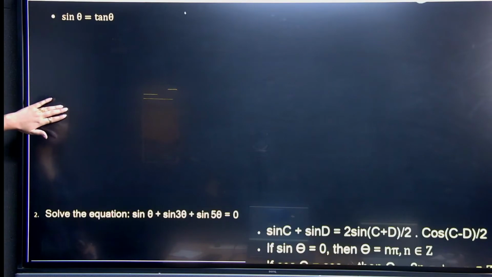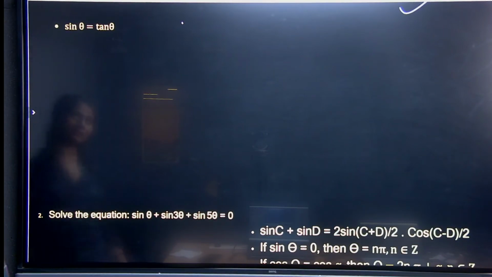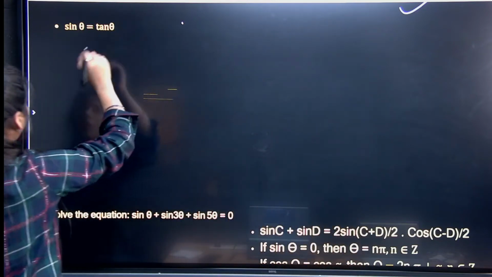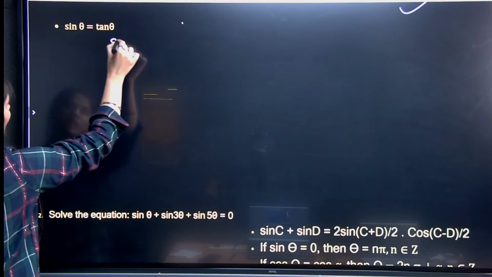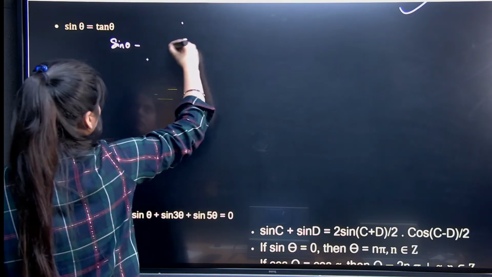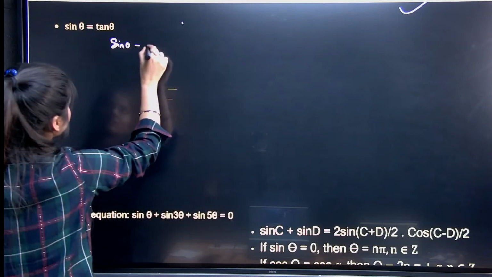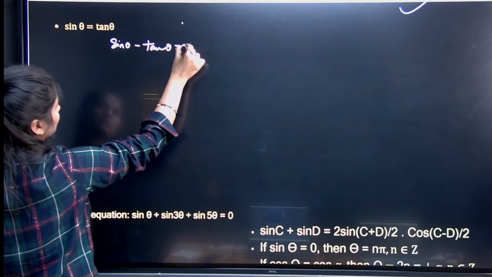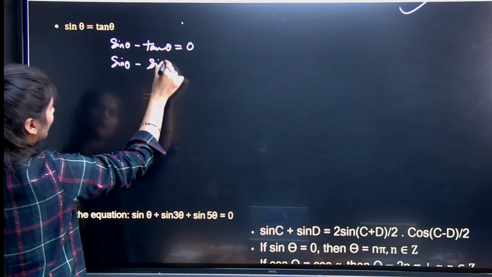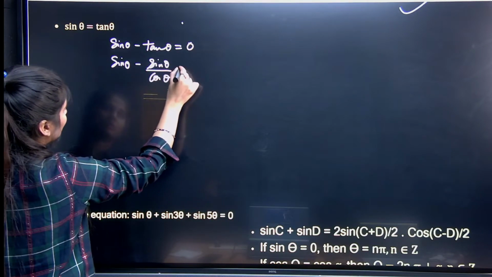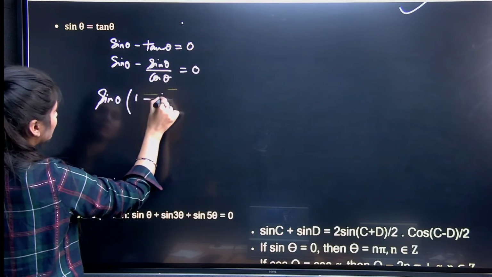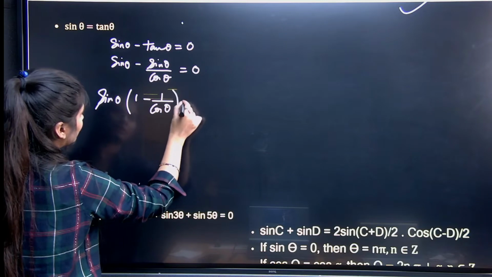Okay, moving on to next question. It is sine theta is equal to tan theta. Again in this question we have to bring tan theta on left hand side. So it is sine theta minus tan theta is equal to 0. So it is sine theta minus sine theta by cos theta is equal to 0. If I take sine theta common, it is 1 minus 1 by cos theta, which is 0.